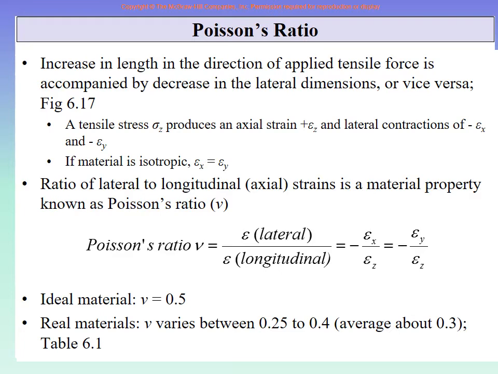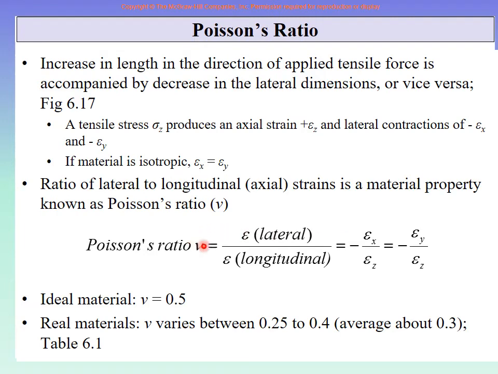So this is something which is totally new. Now, this is a material property. So if you have a certain steel or an aluminum alloy or whatever, its value will be given to you. So if you know this value and you have found the axial strain, longitudinal strain, then you can find the other one.